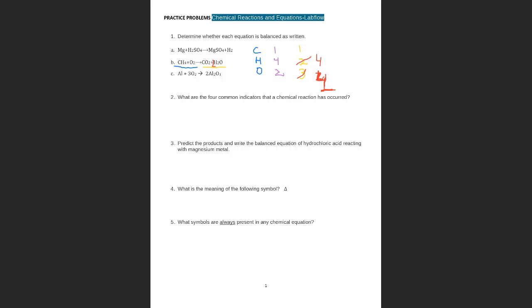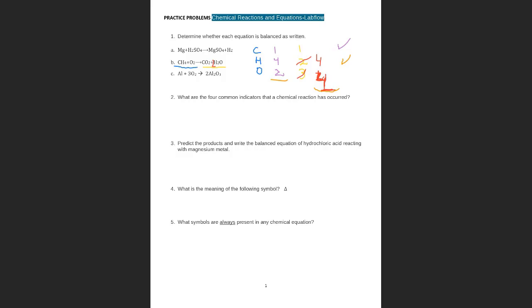So I look at carbon and I say, yes, carbon is balanced. Very good. And then I look at hydrogen and I say, yes, great, hydrogen is balanced. Now I look at oxygen and I say, is oxygen balanced? No, because I have 2 on the reactant side and I have 4 on the product side.